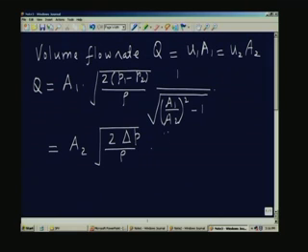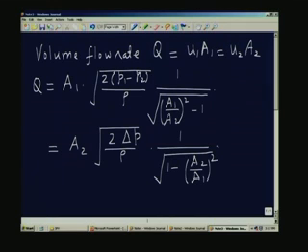So, I will adjust it by saying that this is equal to 1 minus (a2 by a1) whole squared. So, Q equals a2 square root of 2 delta p by rho, times 1 over square root of 1 minus (a2 by a1) whole squared. This is the formula I am going to get.